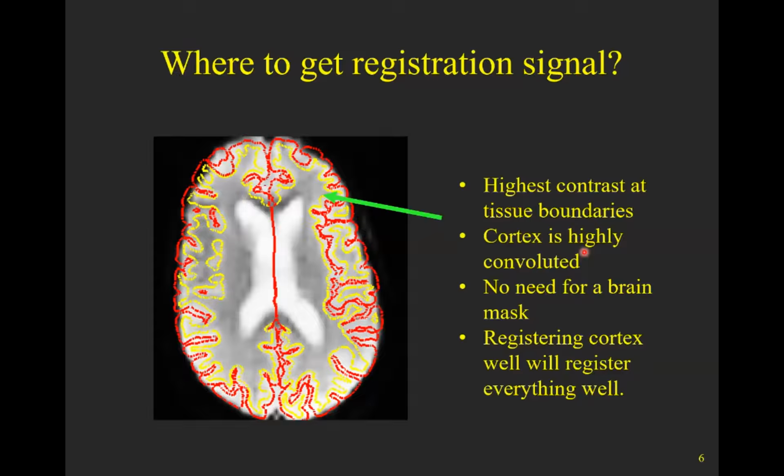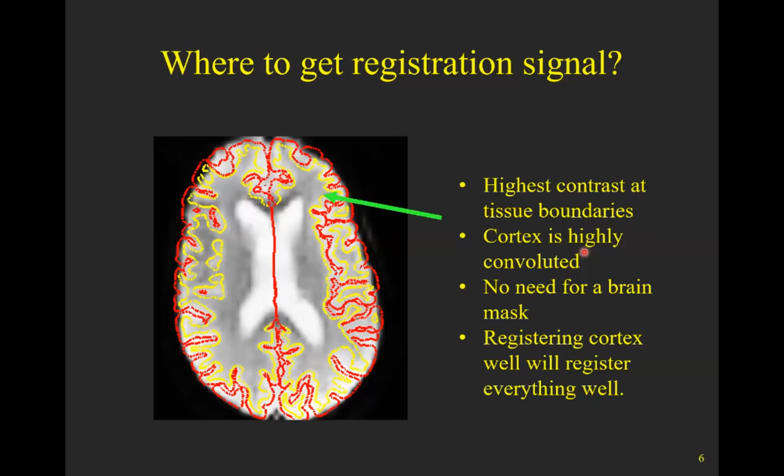The other reason for looking only around where cortex is that you don't have to worry about brain masking. So when you're doing an alignment between, say, fMRI and the anatomical, traditionally what you have to do is a skull stripping of both the anatomical and the functional.